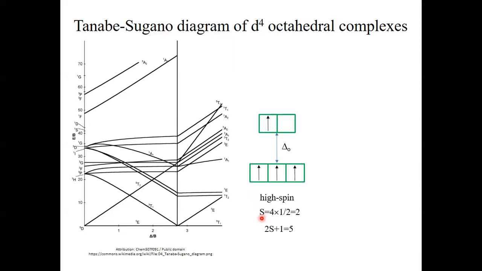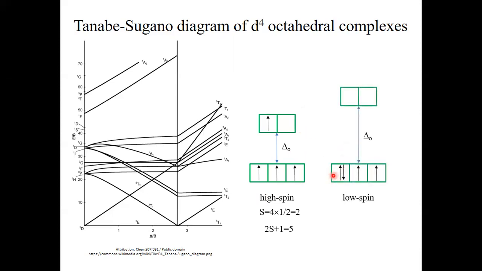So that means that S is 4 times a half, which is equal to 2. And then 2S plus 1 is equal to 5. Note again that this only represents one of several microstates, but this microstate, as depicted here, is the one that determines the quantum number capital S. It's the microstate with the highest MS value, which defines S.